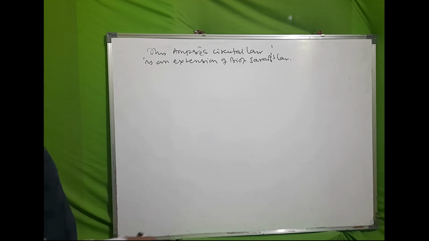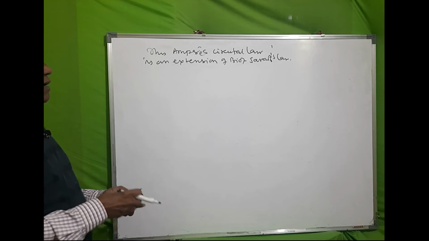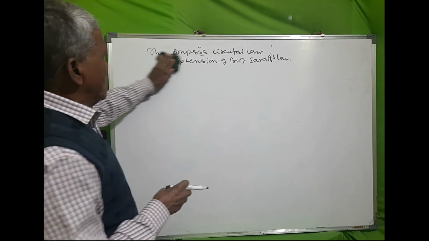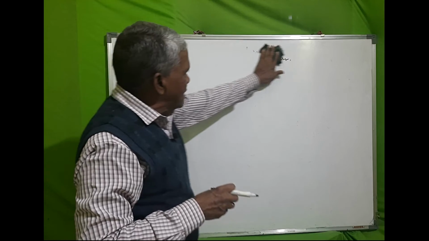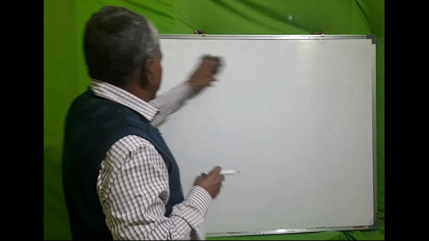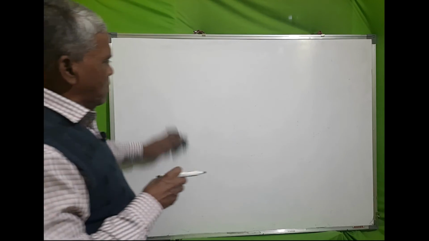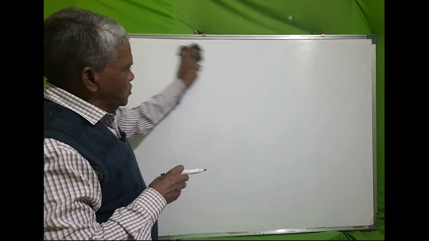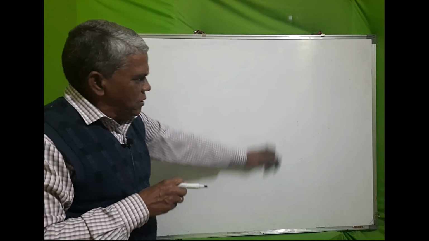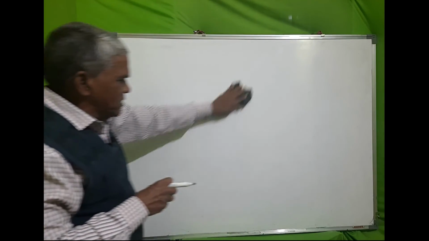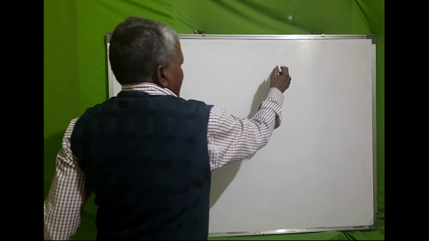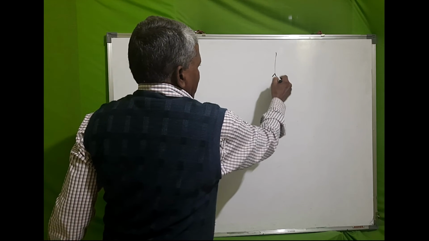So using Coulomb's law we can justify Gauss law, and from Gauss law we can also find Coulomb's law. Similarly here, Biot-Savart's law can be used to prove Ampere's circuital law, and using Ampere's circuital law we can find the magnetic field due to a straight conductor.